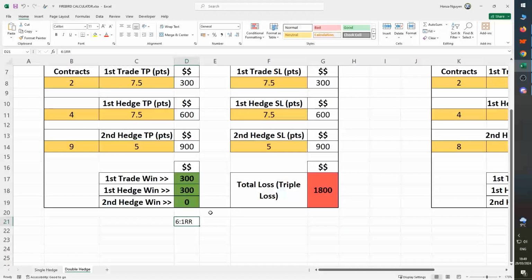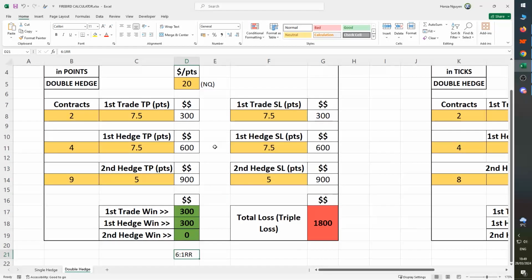You can actually apply this on double hedge too. I think you can reduce this amount. I was playing around with some settings and I was able to reduce this, but I don't remember what it was, unfortunately. But you can play around with these settings and see what's good.